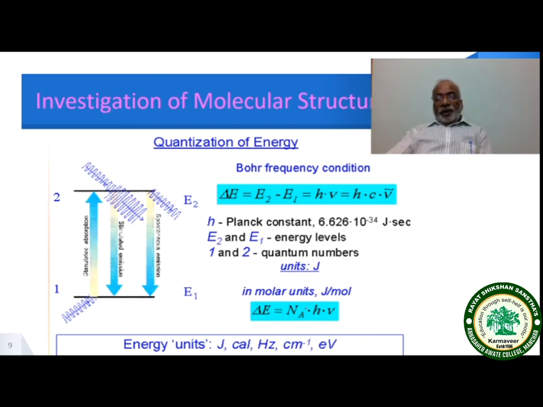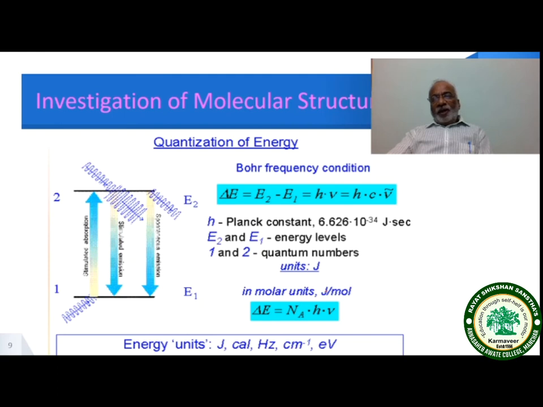If we consider 1 mole of any substance, it contains Avogadro's number of particles, and therefore the total energy associated with 1 mole of any substance is considered as the molar energy, and this is measured in joule per mole.